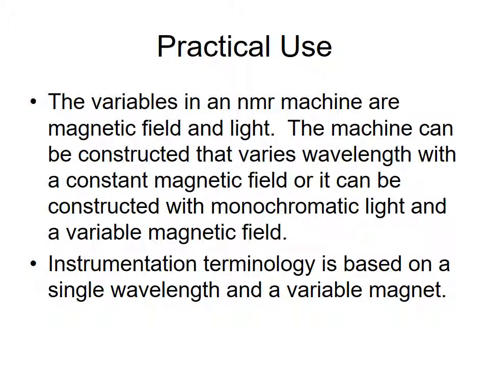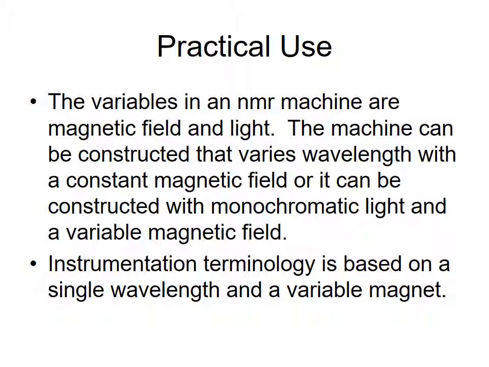So just to let you know that there's two ways to construct an NMR. One, you could have a steady magnetic field and vary your radio wave to find out how much energy it takes to flip each of them. Or what you can do is hold your radio frequency steady and then vary your magnetic field.